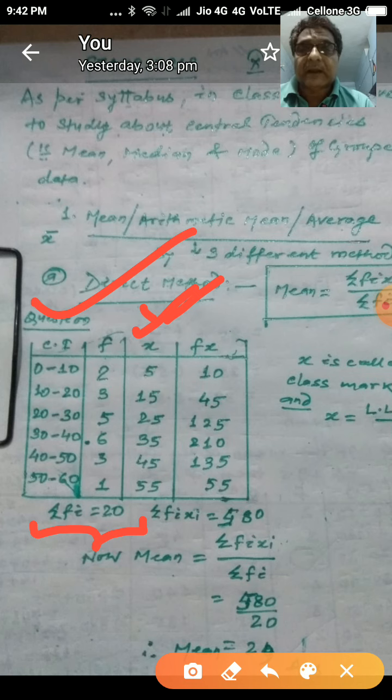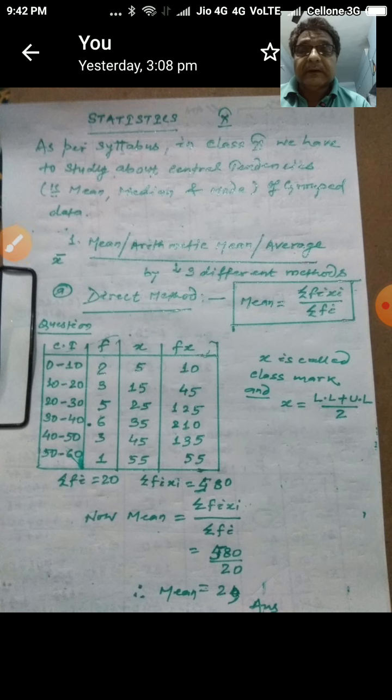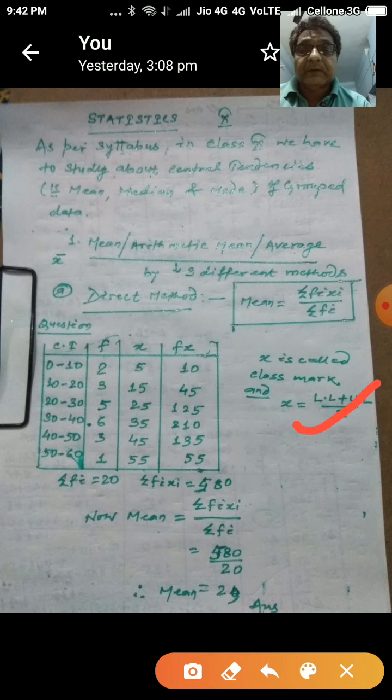X is known as class mark or mid value of class interval, and it is calculated by using the formula lower limit plus higher limit divided by 2, that is the average of class interval. So in this way, for 0 to 10 the x comes 5. Similarly for 10 to 20 it is 15, and then it is 25, 35, 45 and 55, because class size, you see, is 10.